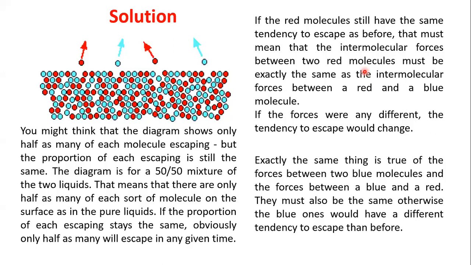That means that there are only half as many of each sort of molecule on the surface as in the pure liquids. Now, the pure liquids are when they are both separate. If the proportion of each escaping stays the same, obviously only half as many will escape in any given time.